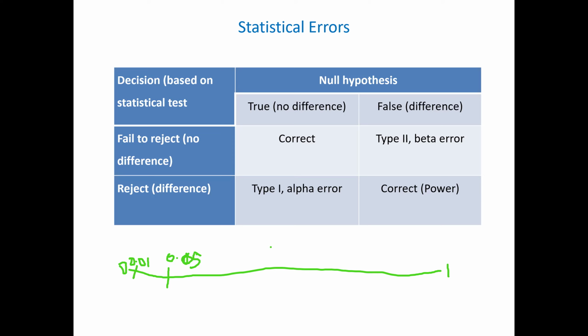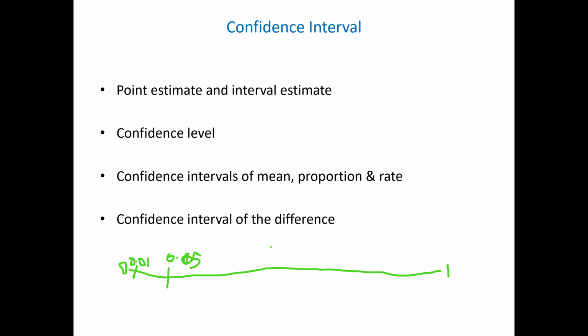Unless you want to say greater than 95%, and nobody says that, it's 95%. If the confidence level is at 95, then the level of significance will be 5%, because they add up to 100.